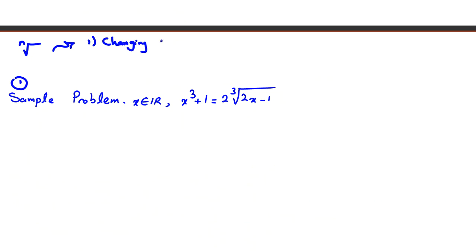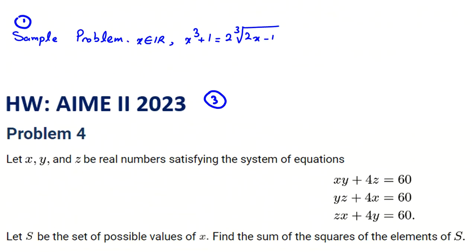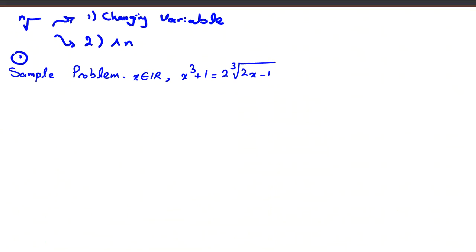The second idea is to raise to the power of n. In the AIME problem, we will use that. If we have a square root, we raise to the power of 2 to get rid of those square roots, sometimes more than once.